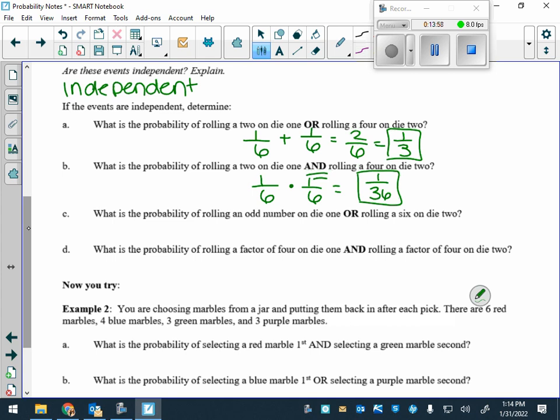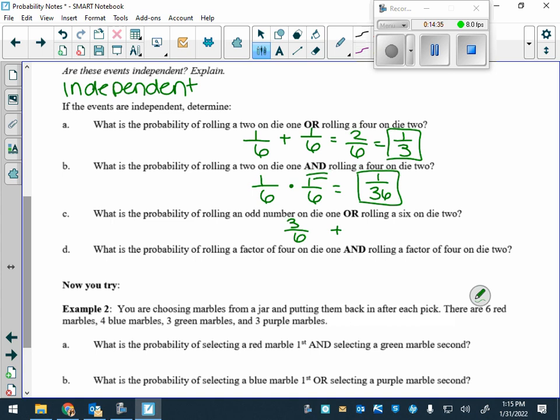Great question, though. What is the probability of an odd number on die 1, or rolling a 6 on die 2? So are we adding or multiplying? Adding, okay. So we are adding. What is the probability of rolling an odd number? Okay, I'm going to keep it as is for now, 3/6, which is right. And rolling a 6 on die 2.